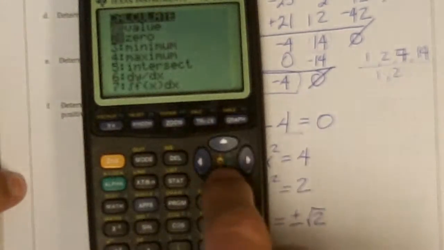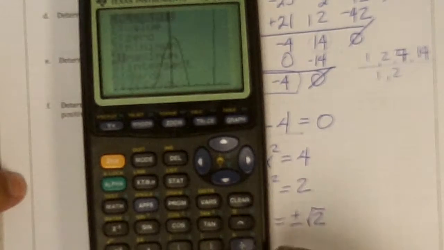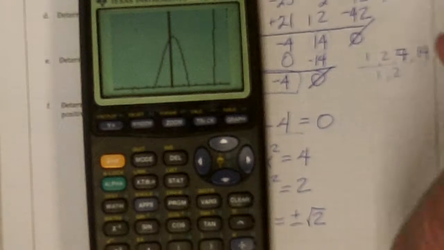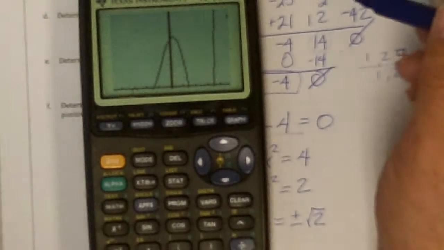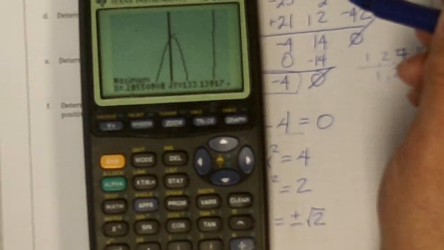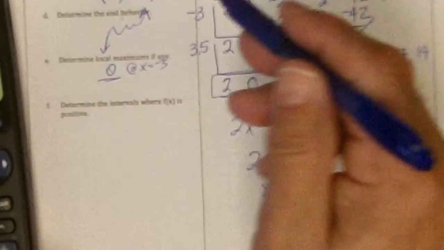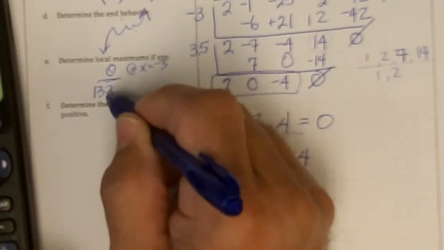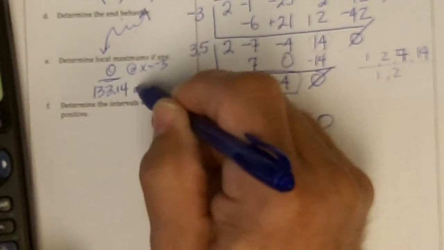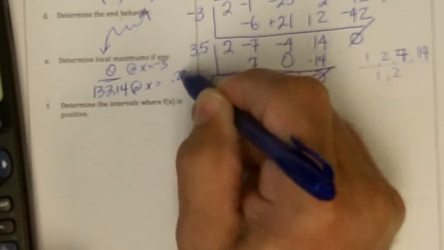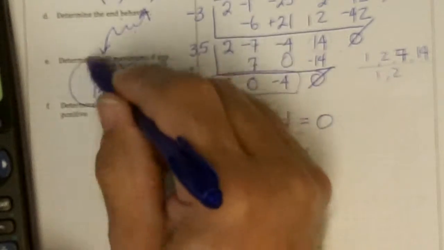Second, calculate the max between -1 and 1, and it's about 0, and it says, thinking, it happens at 0.2855, but it's 133.14. 133.14 happening at x equal about 0.2855. But these are the numbers I wanted.